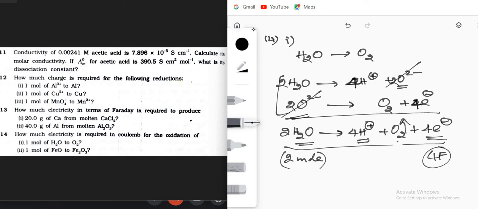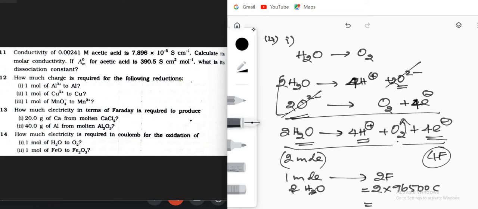So for 1 mole of water to undergo oxidation, you require 2 Faraday of charge. 2 Faraday means 2 into 96,500 Coulomb. You know very well, 1 Faraday is 96,500 Coulomb. So if you multiply this by 2, you will get the answer.